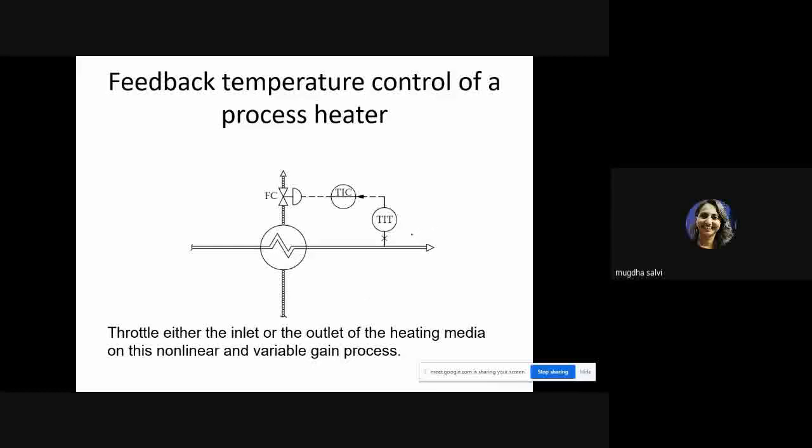We can just name these as TC2, this is TC1, this is TH1, and this is TH2.